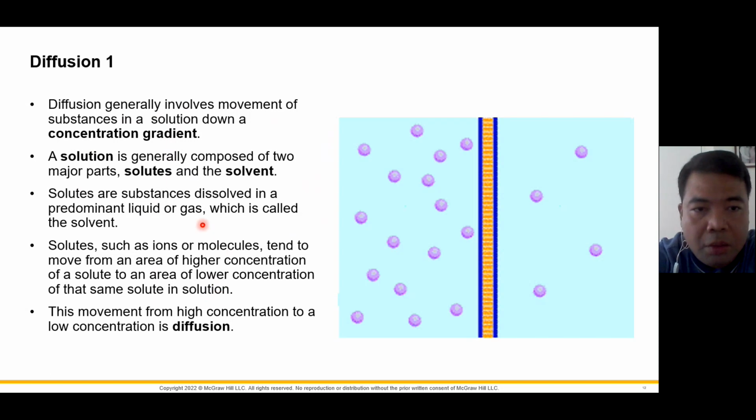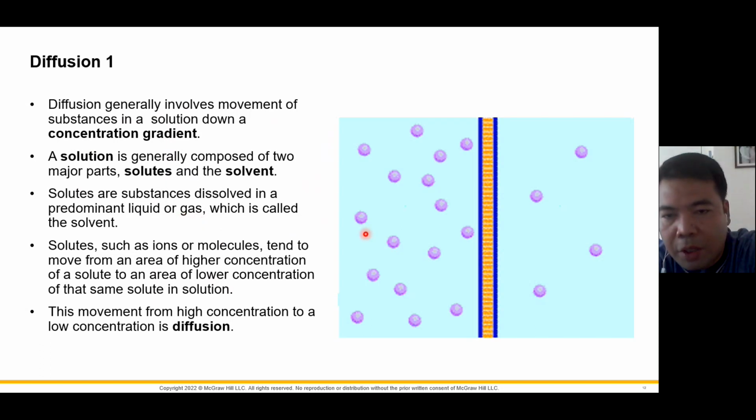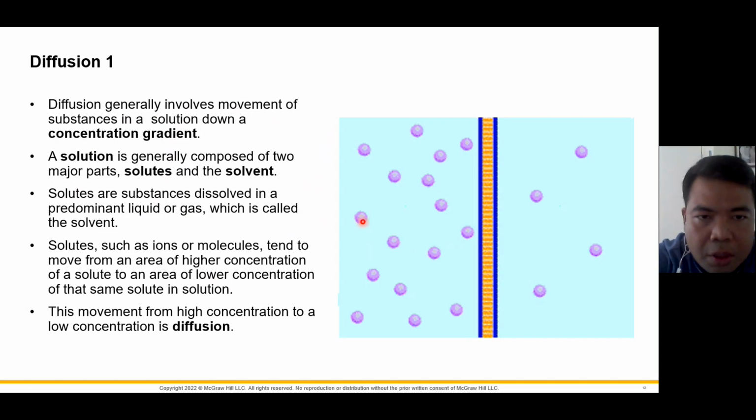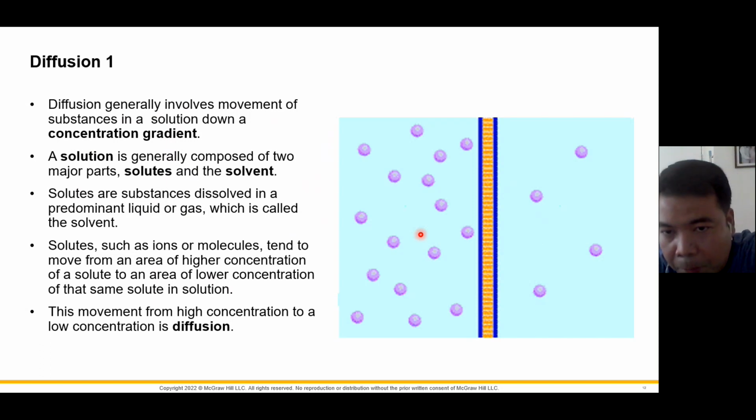Let's go back. What are solutes? Solutes are substances dissolved in a predominant liquid or gas. For example, the blue color in the background is water. The substances or molecules suspended in the water are the solute. The water, the blue background, is the solvent.